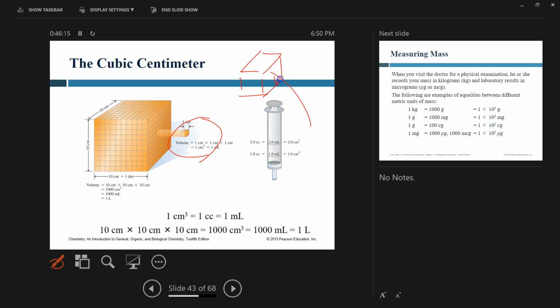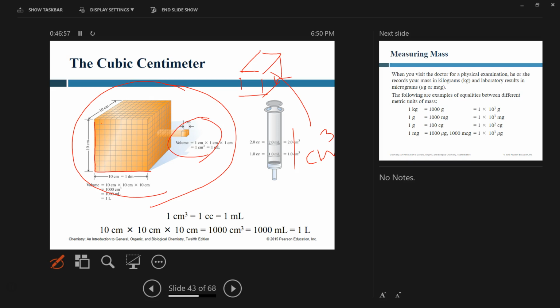But it's 1 centimeter cubed. You with me? Now, the size of that cube, as we just mentioned, is 1 centimeter. How many centimeters in 1 decimeter? 10. Imagine we draw another cube, which is shown here. This cube has a size of 1 decimeter. Now, how many cubic centimeters are going to be in this cube?